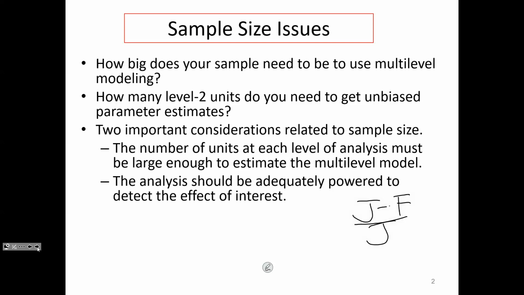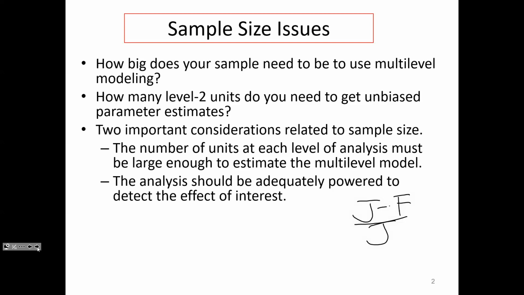So, again, you can imagine if you have a small number of clusters, like 10 clusters, even if you're estimating a small number of parameters, you're going to see a decent amount of downward bias. With a small number of clusters, REML is really going to outperform FIML.